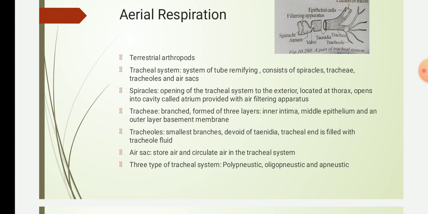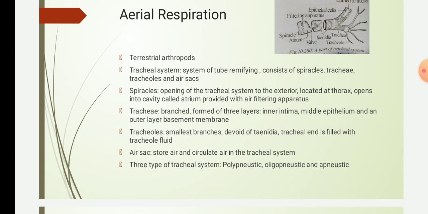There are three types of tracheal system: polyneustic, oligoneustic, and apneustic. In a polyneustic tracheal system, it is formed of 8 or more pairs of spiracles which are functional.